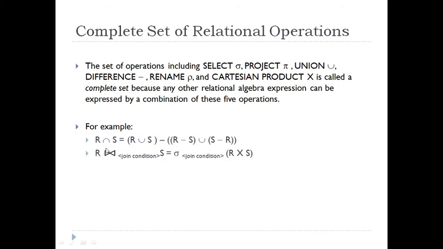For example, R intersection S can be derived using union and difference. And if I use cross product and select, I can obtain the result of the join operation.